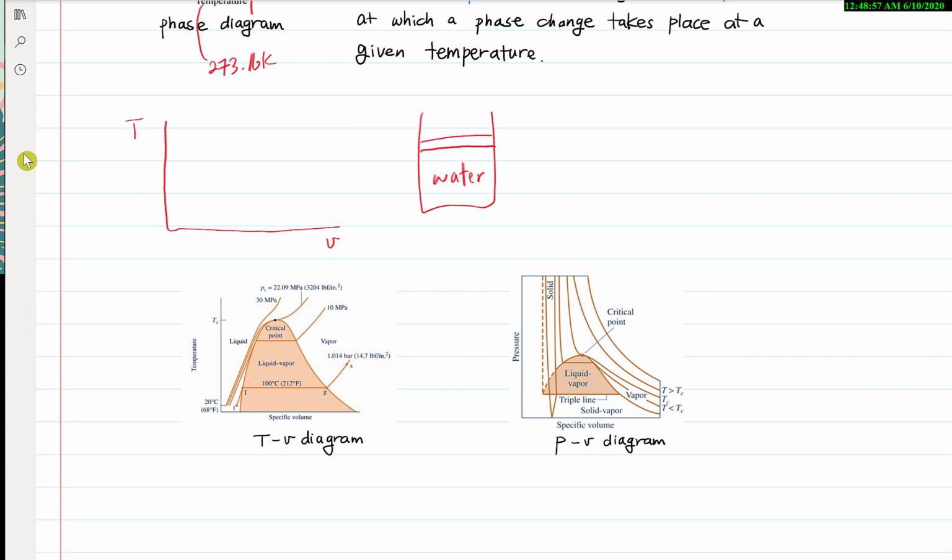Initially, water is at atmospheric condition and the lid is free to move. So we boil the water. During the process, the pressure remains constant. It's atmospheric pressure. As the temperature of the water increases, water expands and the specific volume also increases.